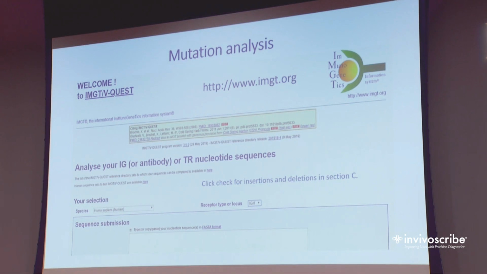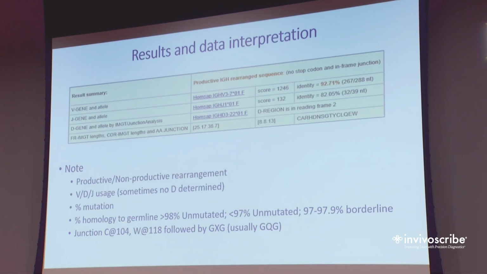So basically, you get your sequence and you put it into the IMGT website, and you come up with various productive rearrangements, the various usage of the genes, and what you actually report. You report all the usage, the percentage, mutation, whether it's mutated, unmutated, borderline. Now, a few of the other things you have to look at.